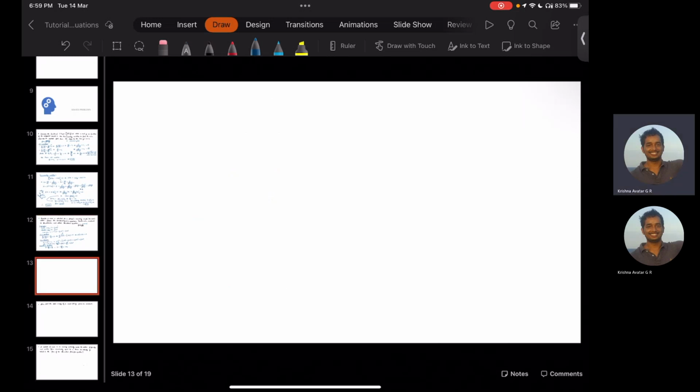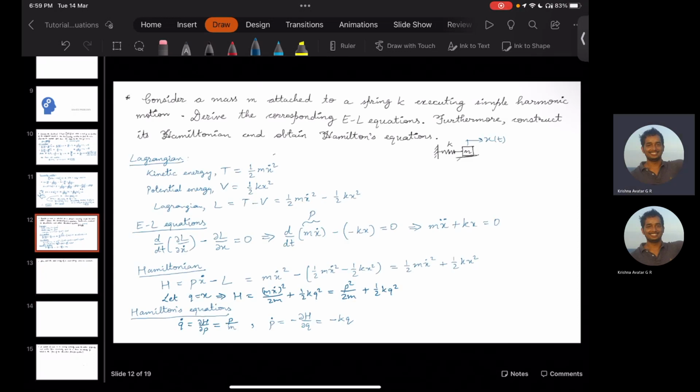Now let's move on to the third question. If you want to show the equivalence, then that also we can do. This is just a side note: equivalence between this and this.